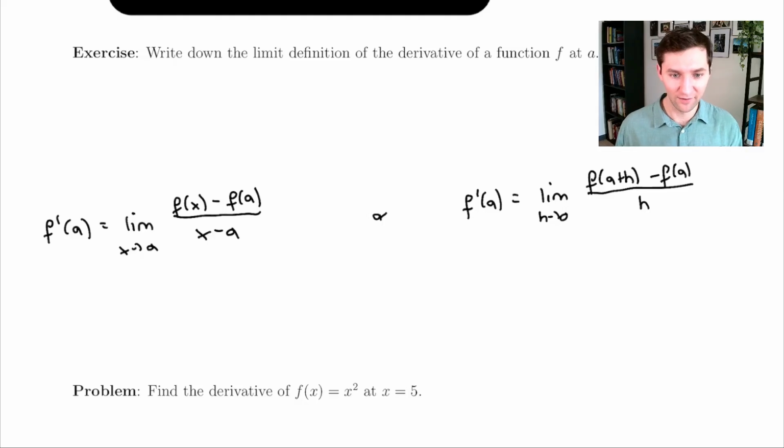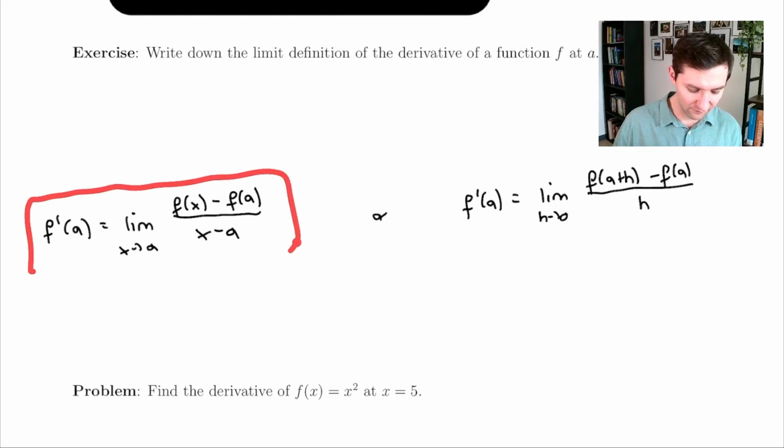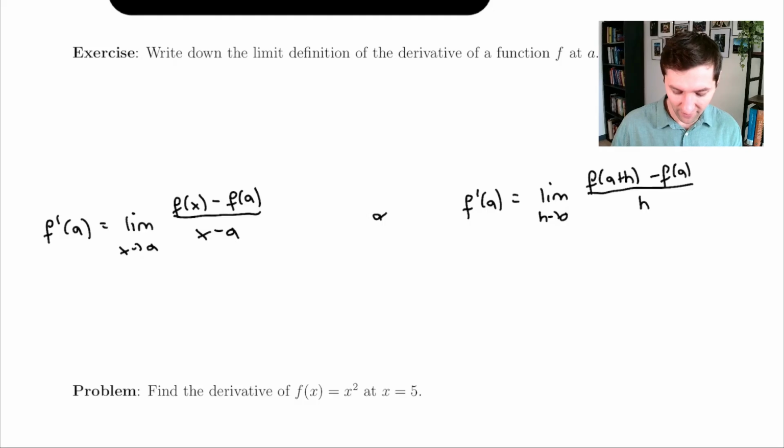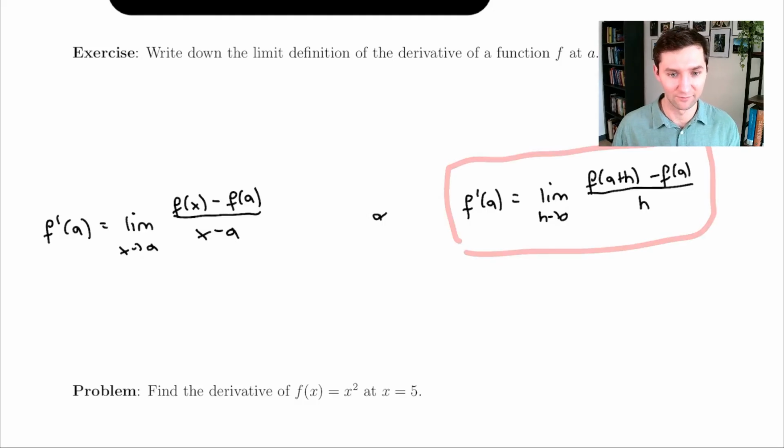In the next problem, we must find the derivative of x squared at x equal to 5. If you would like to try this problem on your own first, this is a good time to stop the video. For this problem, I will use the first limit definition, and in the second problem, I will use the second limit definition.